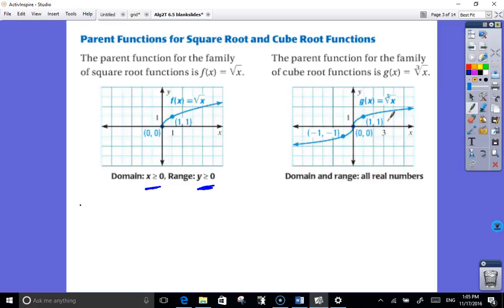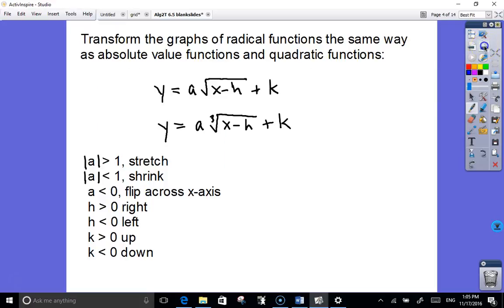Okay. So whenever we start talking about parent functions, then the next thing you're going to do is transform them. Move them around, stretch them, shrink them, flip them, all those kinds of things. So that's what we're going to do now. Right? These are like the standard equations that show all the possibilities of transformations.